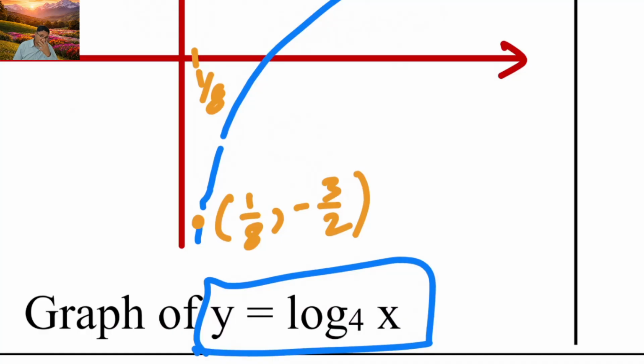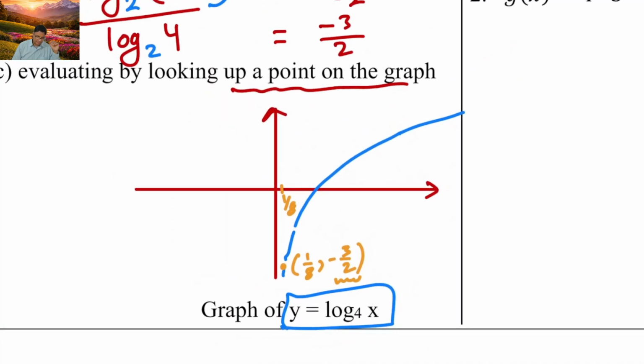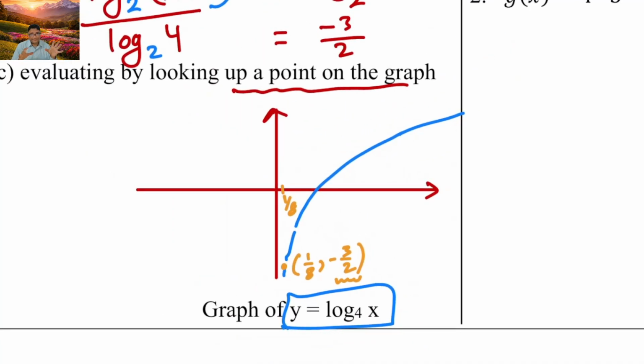You will figure out in the graph that the value is at -1.5, and hence you will know that -3 over 2 is the answer. In a calculator graph, there is a way where you can choose the x value and it will show you what the corresponding y value will be.